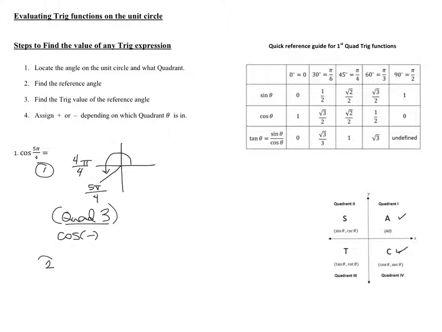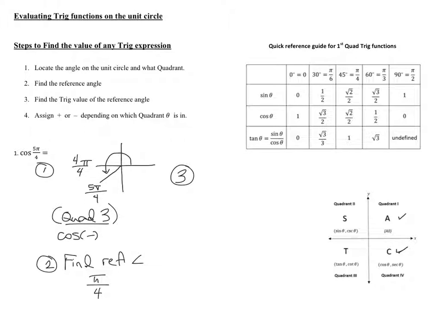Okay, step 2, we need to find the reference angle. When we are dealing with radians, it's pretty easy to look at it and tell: whatever the denominator is, 5 pi over 4, our reference angle is just pi over 4. Okay, so step 3, let's find the trig value of the reference angle.